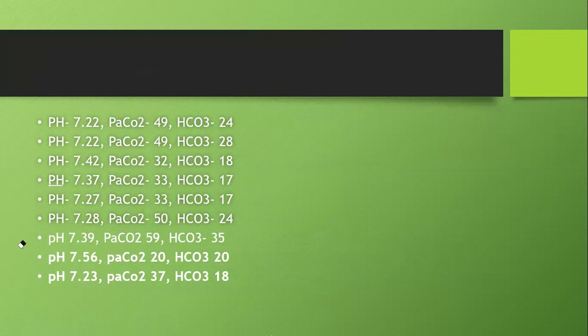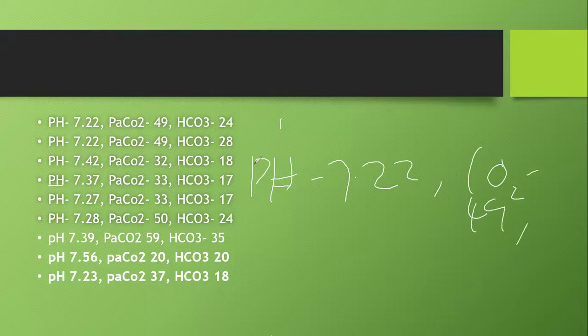Let me write it here. Pick your books. pH is 7.22, CO2 is 49, and then bicarb or HCO3 is 24.